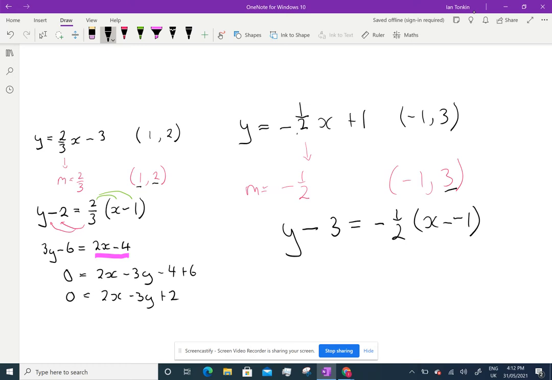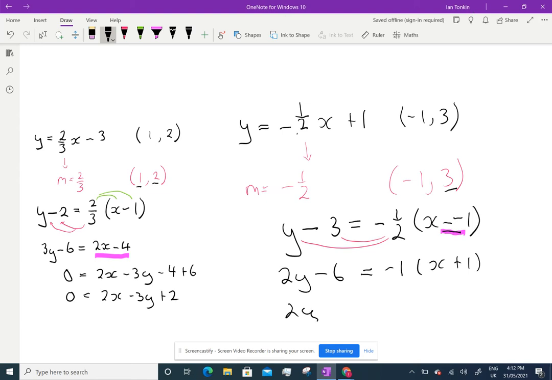Well, let's multiply the 2 across here, and I will get 2y minus 6. So I multiplied the 2 by that and by that. And before I multiply this minus 1 through, I've got x plus 1 in there because that's a double negative there.